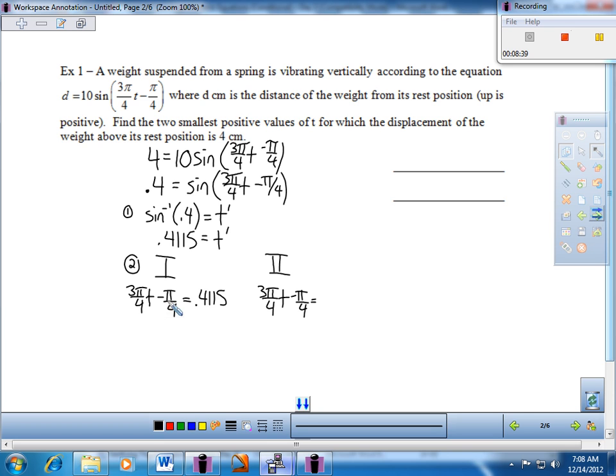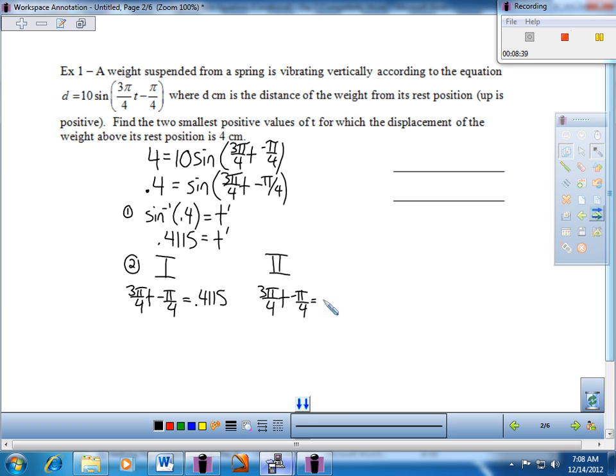Okay, and then we're going to solve that. We're going to add this. I'm going to inherently divide by this. That's going to give me t. All right, now let's come over to the quadrant 2 piece, everybody. And whatever was left after I undid sine is equal also to the quadrant 2 angle that has this sine ratio. Well, how do I get that quadrant 2 angle that has that sine ratio?